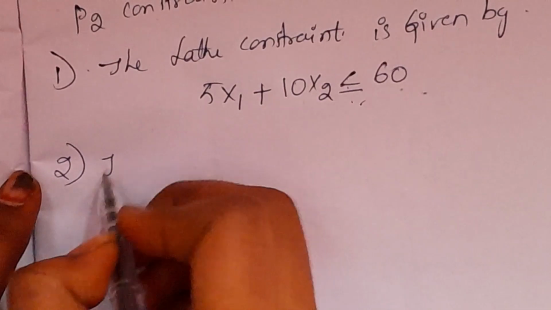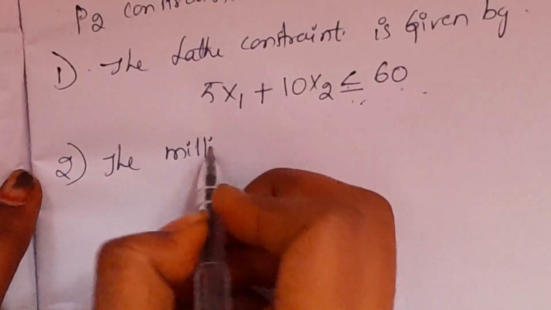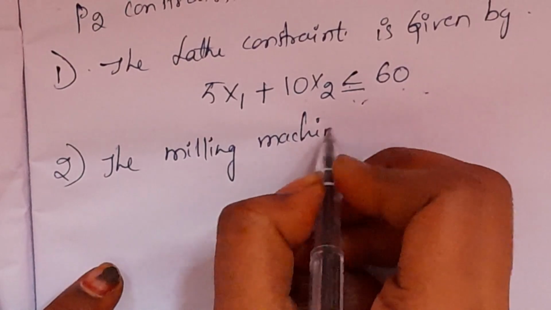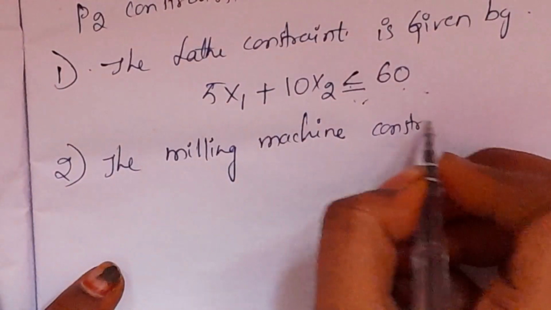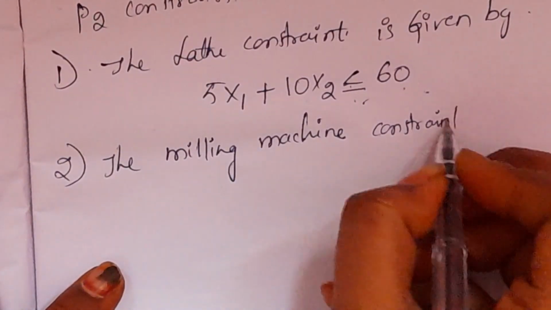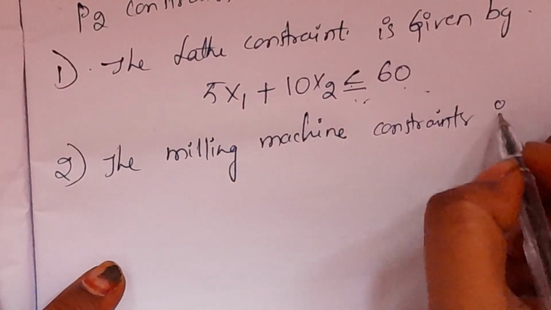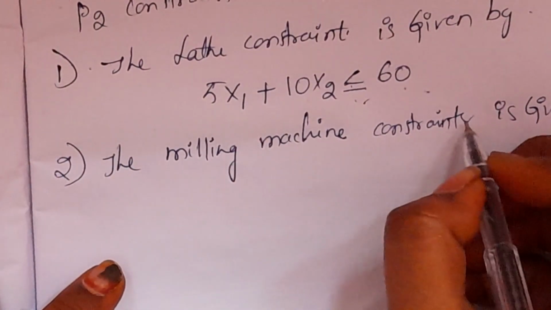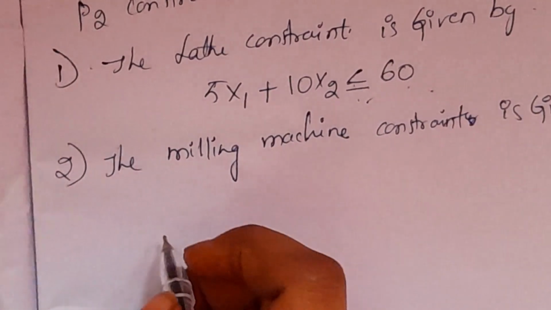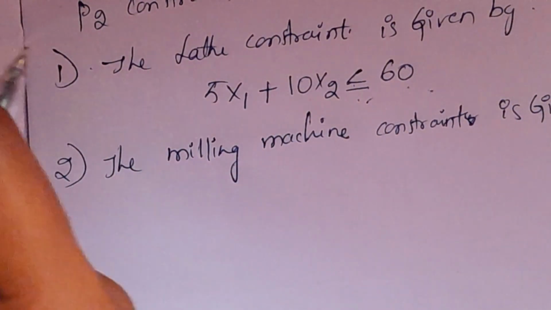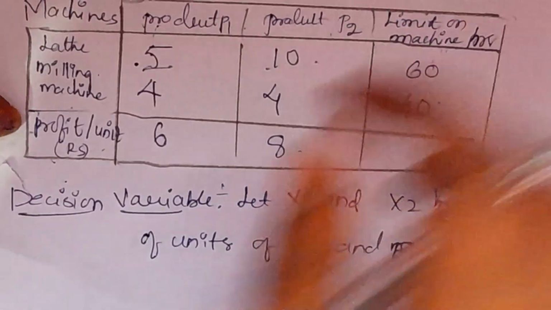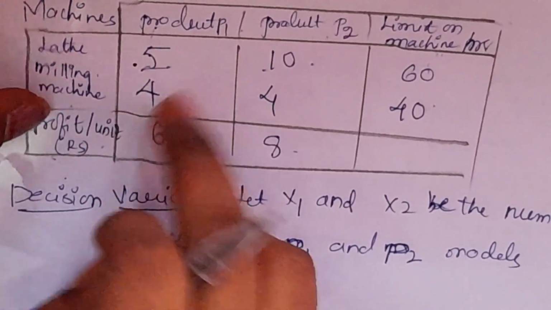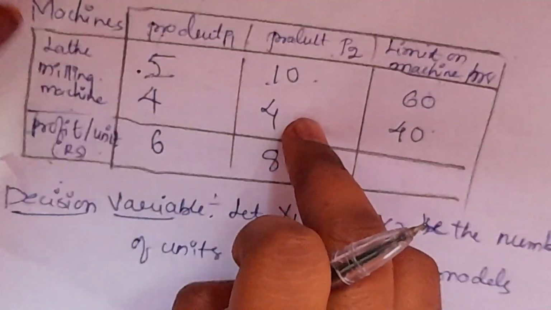Next we have the milling machine. The milling machine constraint is given by, here for product P1 it takes 4 hours and product P2 it takes 6 hours.